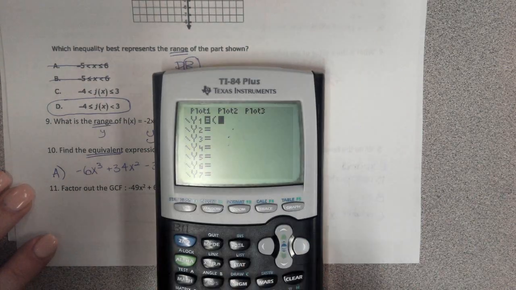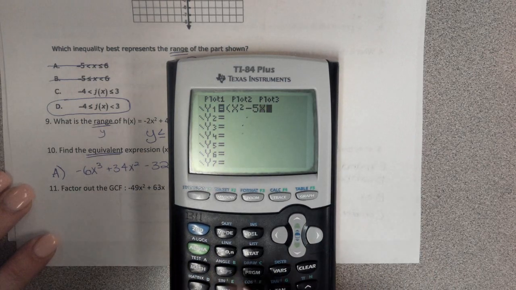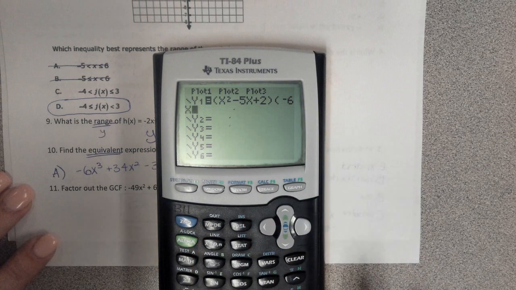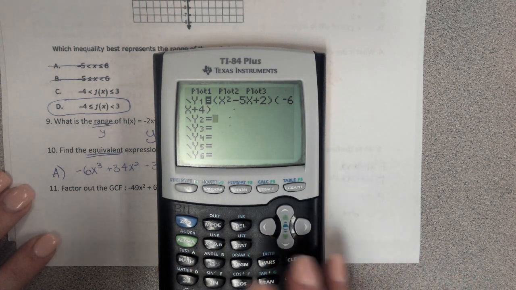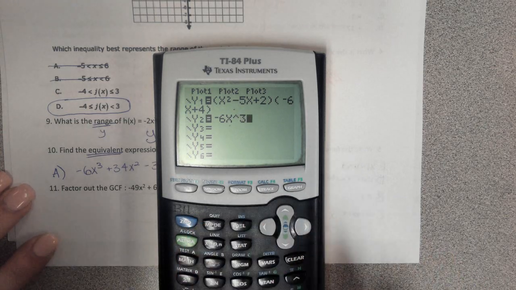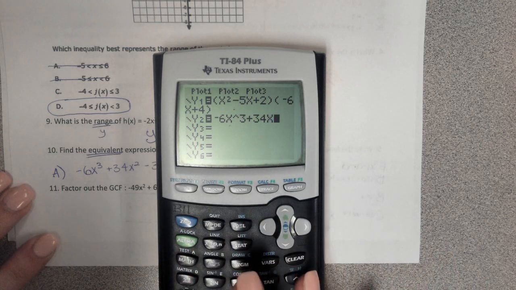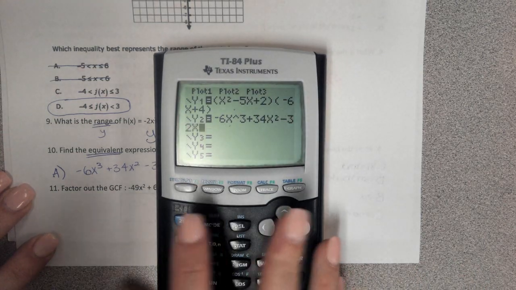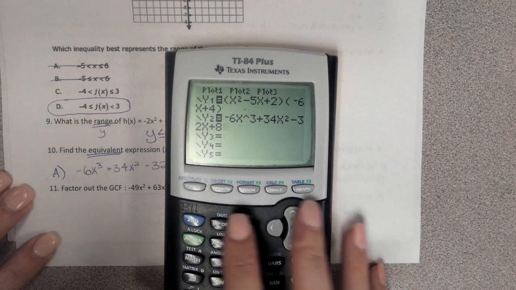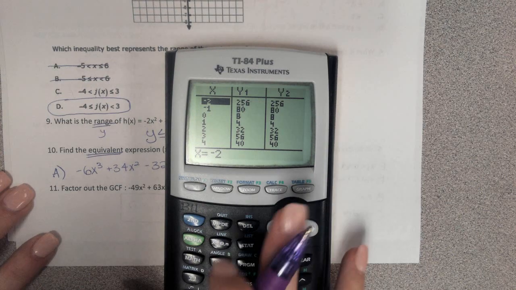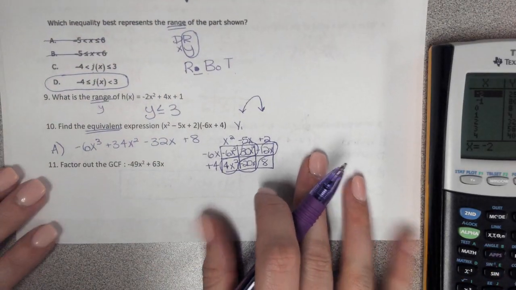In y1, I'm going to put x squared minus 5x plus 2 times negative 6x plus 4. In y2, negative 6x to the third plus 34x squared minus 32x plus 8. And you'll notice that every single thing is exactly the same. That is the correct answer.